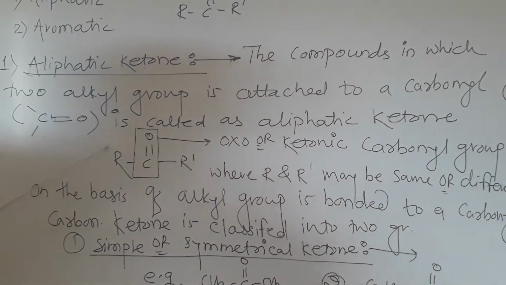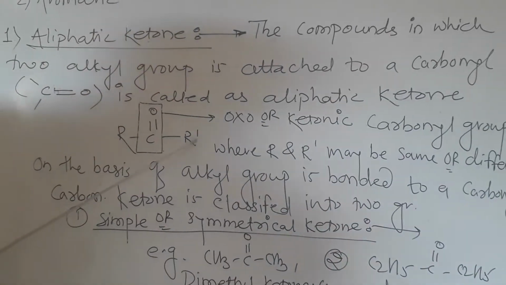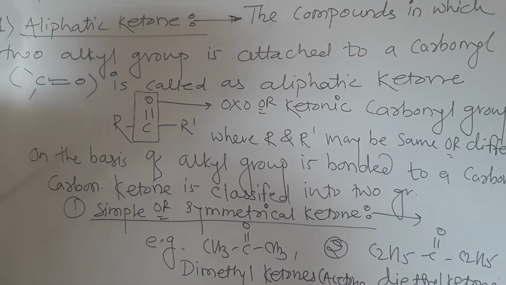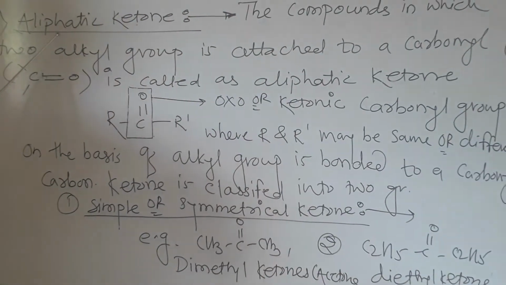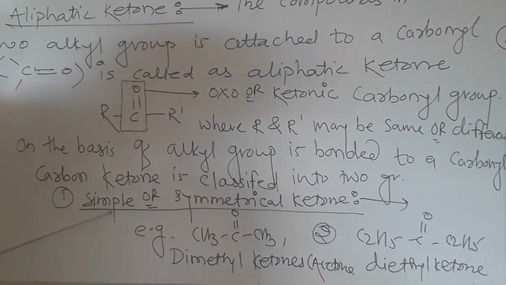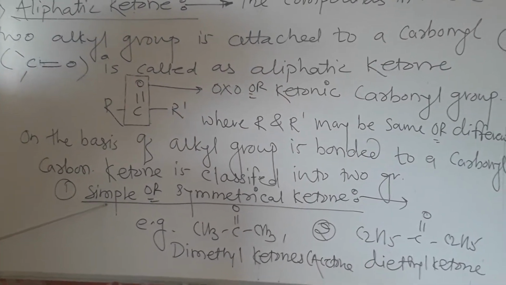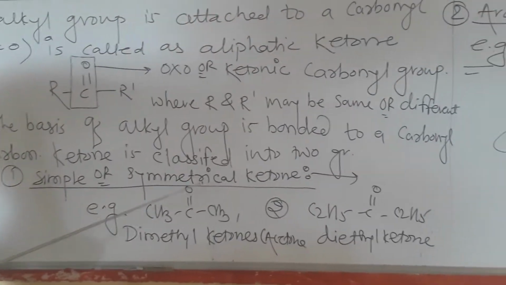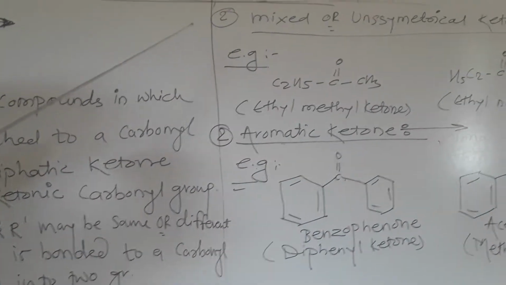Depending on which alkyl groups are attached to this carbonyl carbon, these aliphatic ketones may be classified into two groups, that is simple or symmetrical ketone, and second, the mixed or unsymmetrical ketone.